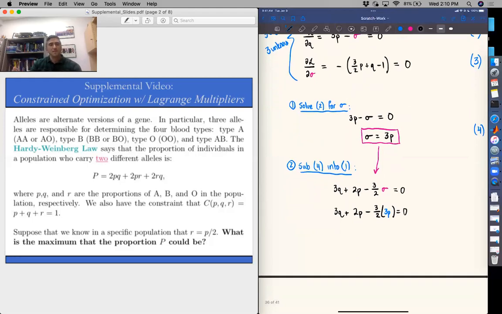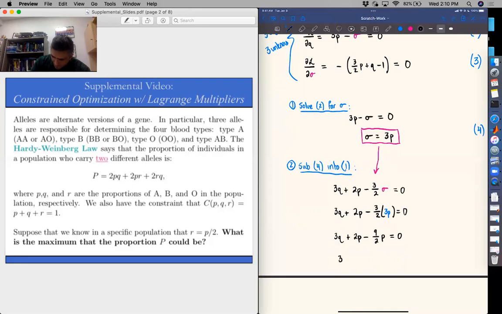And now if we look at this, we notice that this is actually an equation that has 2 variables in it now rather than 3. We just have p's and q's. So I'm just going to do a little simplification here to make this a bit nicer. So we have 3q plus 2p minus 9 halves p equaling 0.